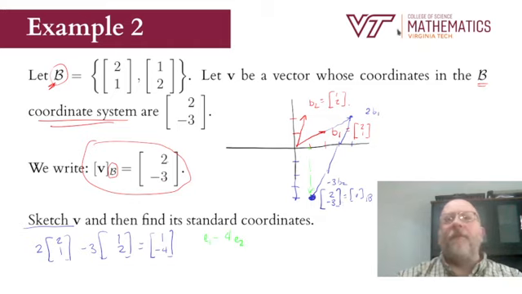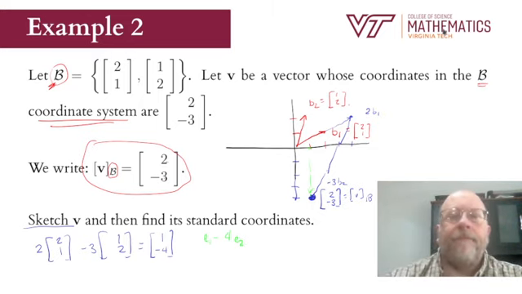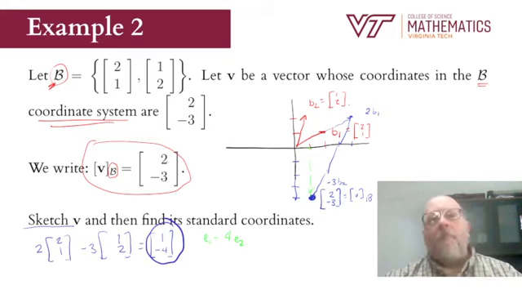I'll get back to red and blue. All right. So the standard coordinates are 1 and negative 4. So we've just given a point in an alternate coordinate system, and we converted it back into the standard coordinate system.